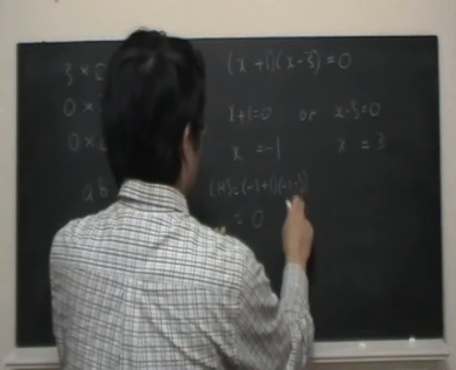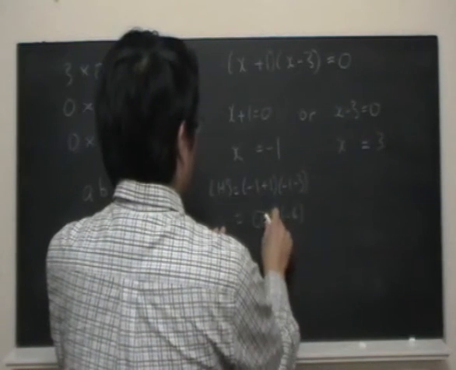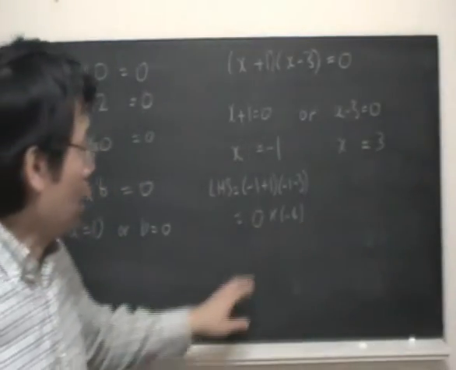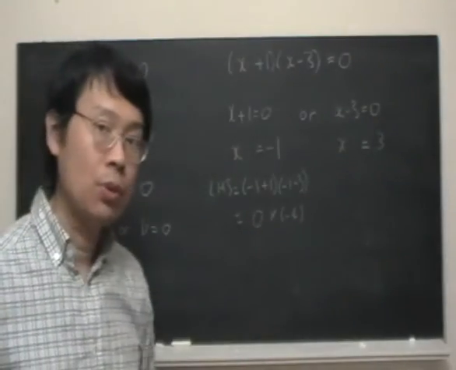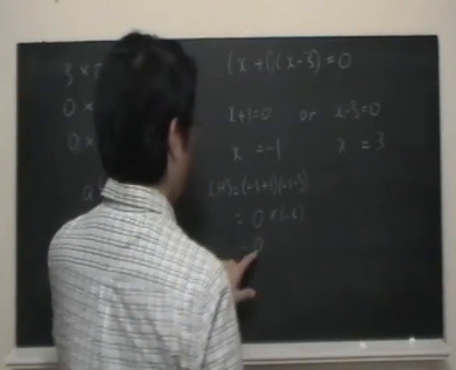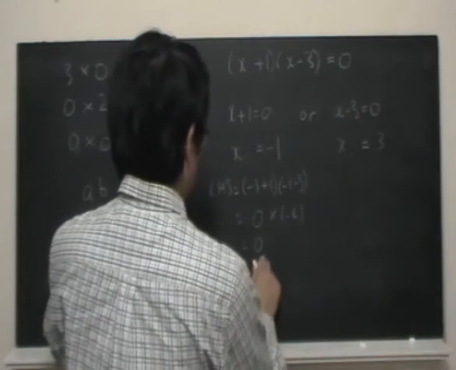Minus 1 minus 3 is minus 4. The two brackets should be multiplied together. So I have 0 times minus 4, which is 0. And which is the same as the right hand side.